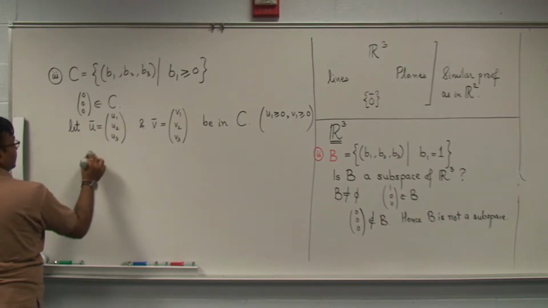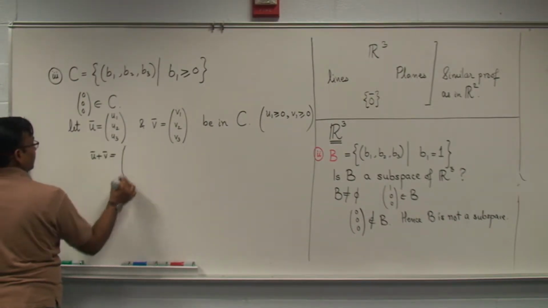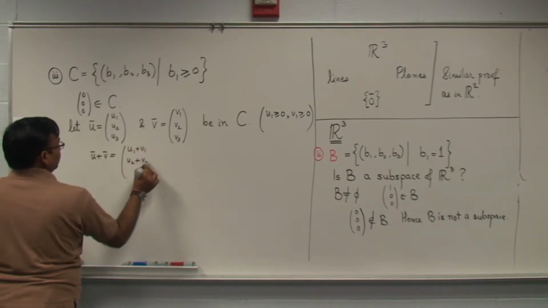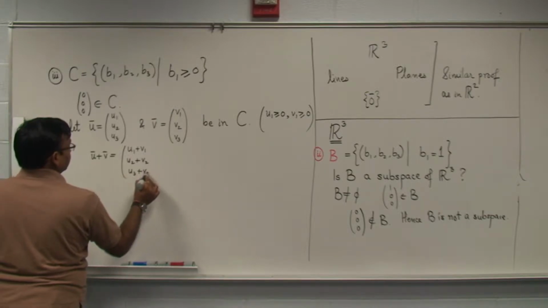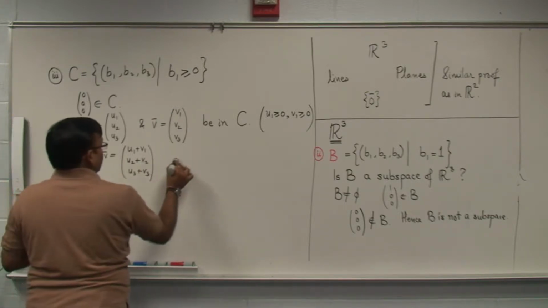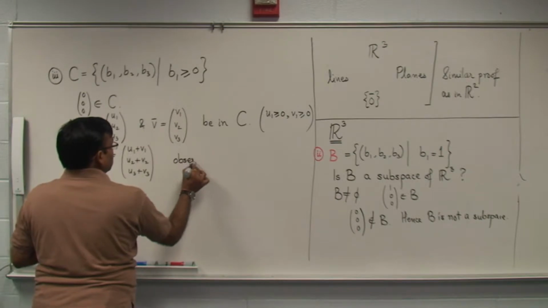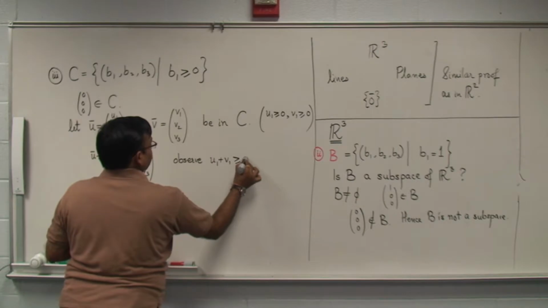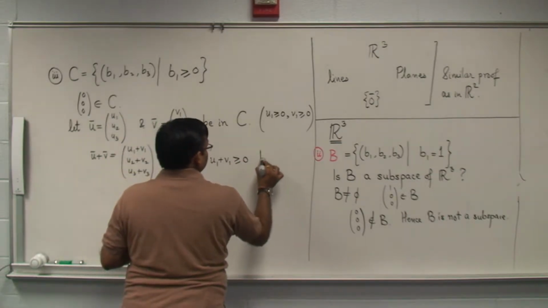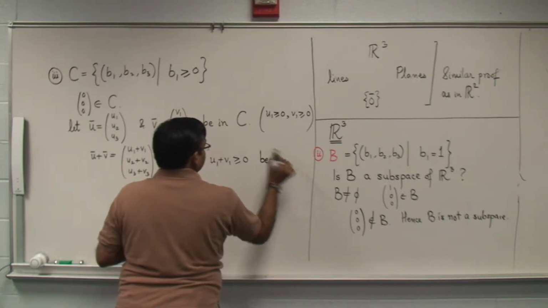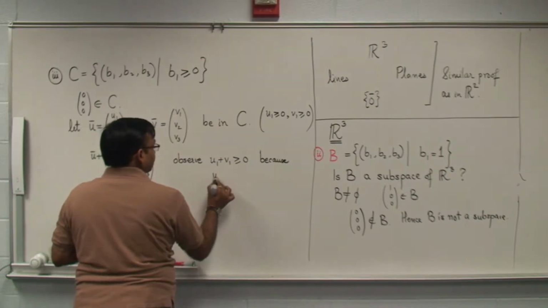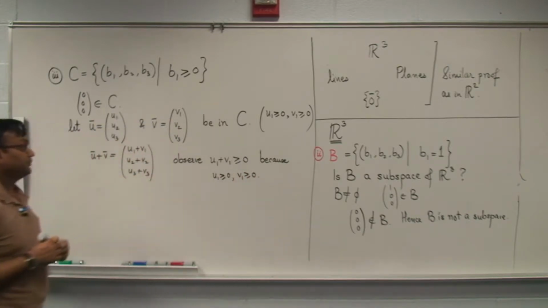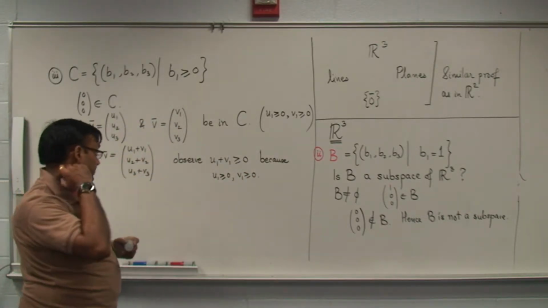If I add the two vectors using the usual addition on R3, I will get u1 plus v1, u2 plus v2, and u3 plus v3. Now observe that u1 plus v1 will be greater than or equal to 0, because by our choice of u and v, both individual components are greater than or equal to 0. So for sure it is closed under addition.